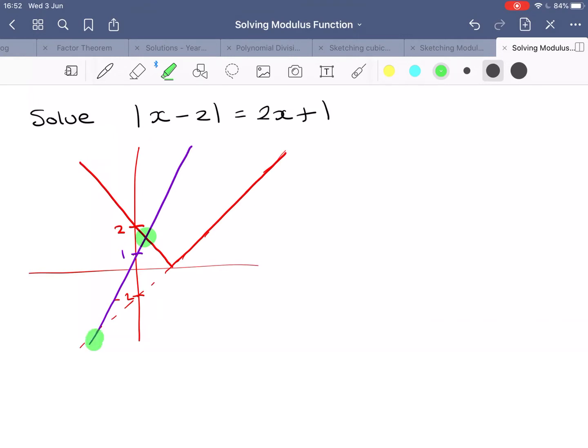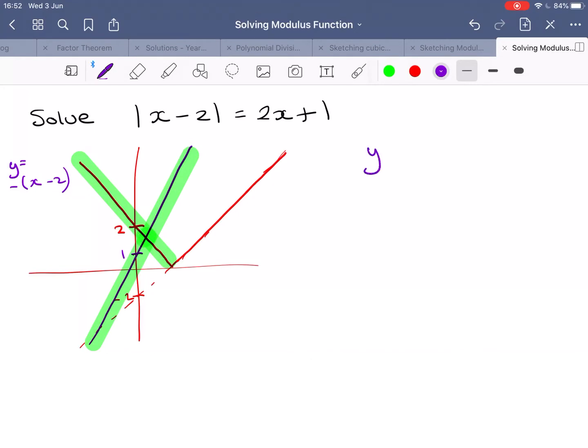Well, I need to know where the line y equals 2x plus 1 meets this portion of the modulus line. Now, which portion is that? Well, that's the negative portion of that modulus line. This is in fact represented by the line y equals the negative of x minus 2.